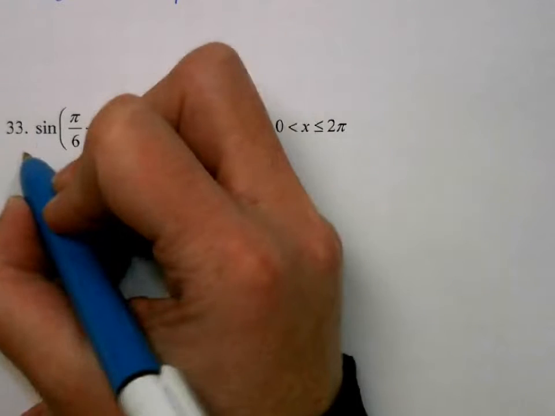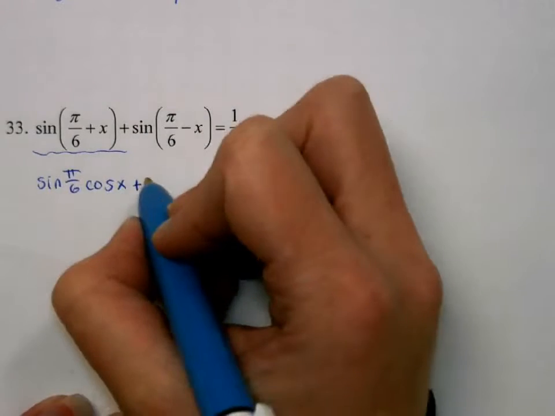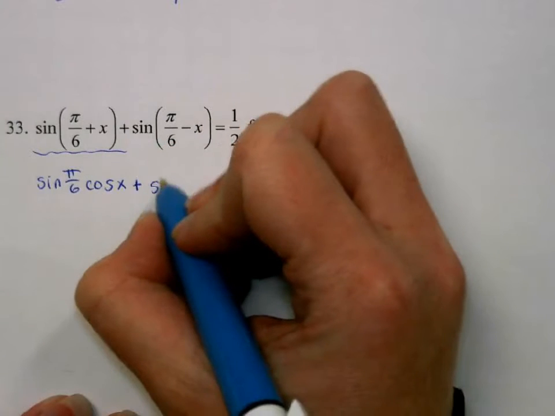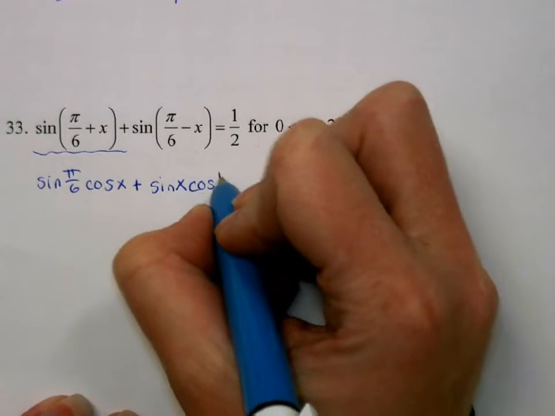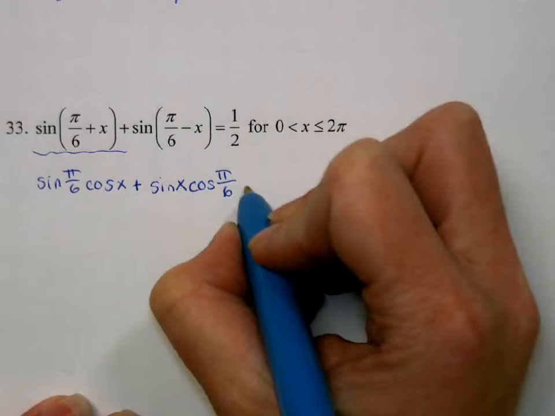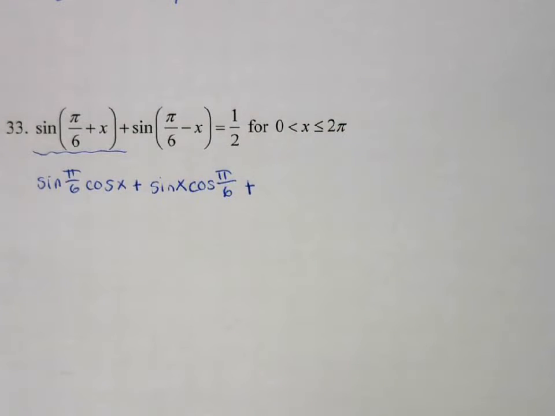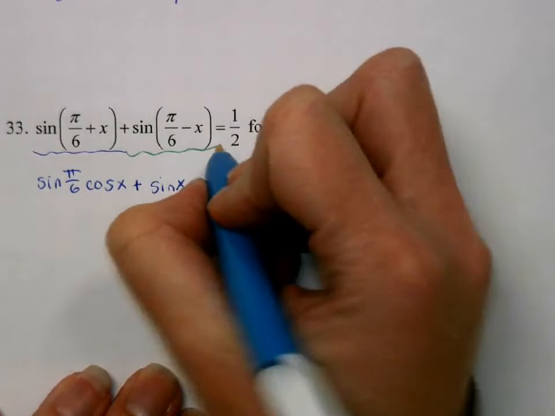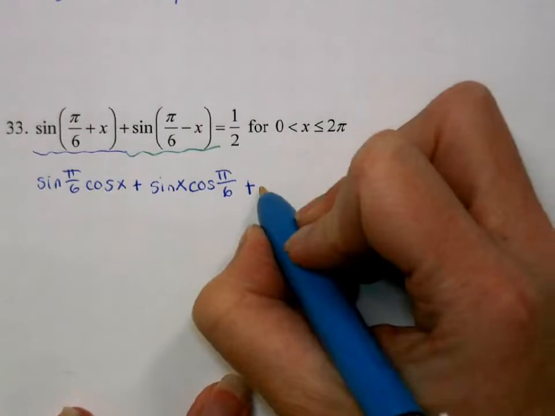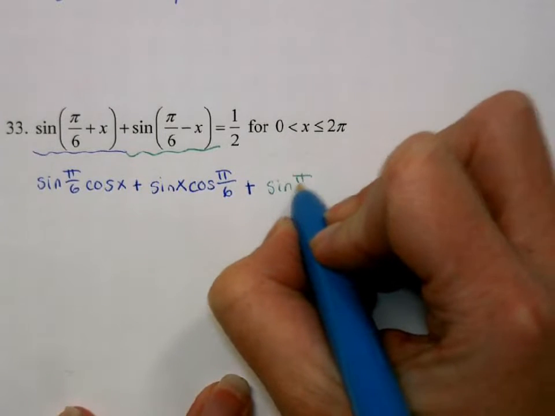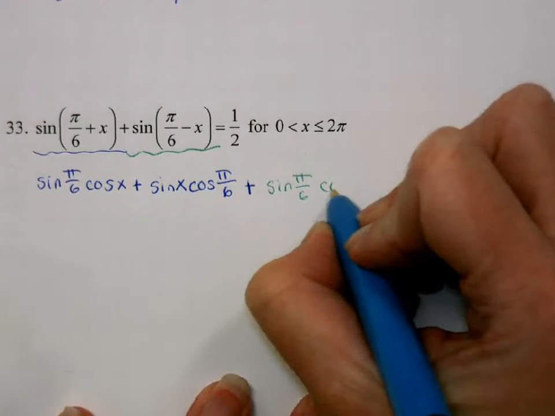Then we're going to add that to this one expanded, which will be sine pi over 6 cosine x minus sine of x cosine pi over 6. Then all of this equals 1/2.